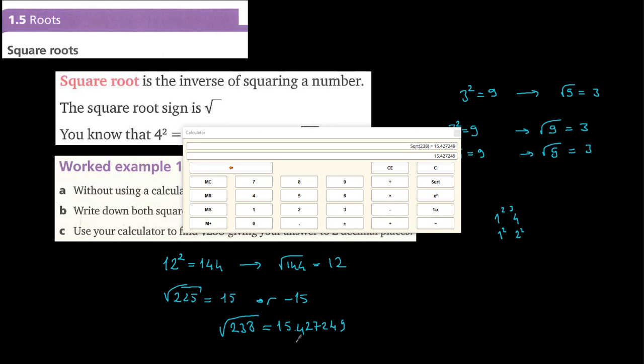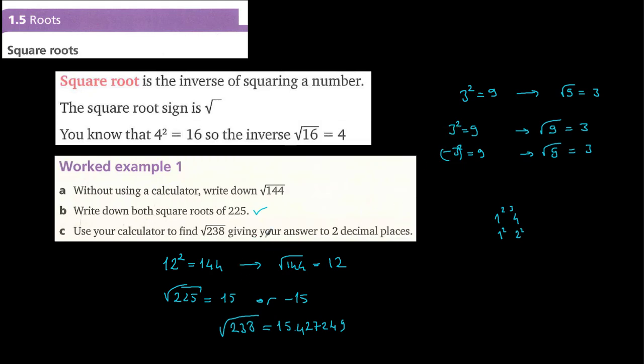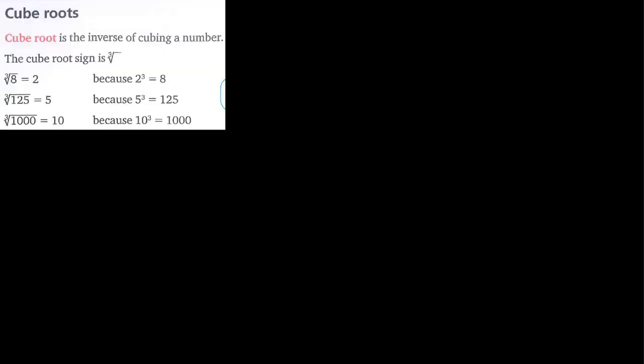With respect to this question, it says to give the answer to 2 decimal places, so the root of 238 is going to be equal to 15.43.